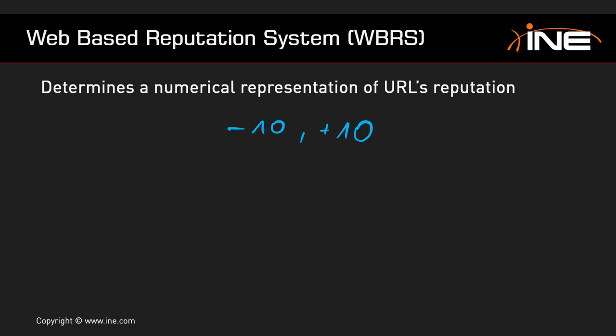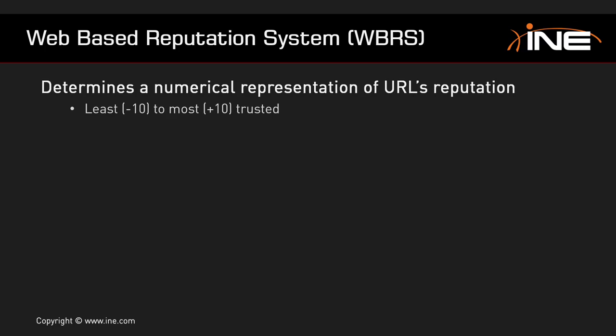So WBRS works based on a lot of different elements to determine the reputation score. It's the history of the URL, the age of the website, the history of malware, the location of the website, and a lot of other elements that Cisco takes into account when making the WBRS calculation. You will have access to those numbers when you enable the feature.